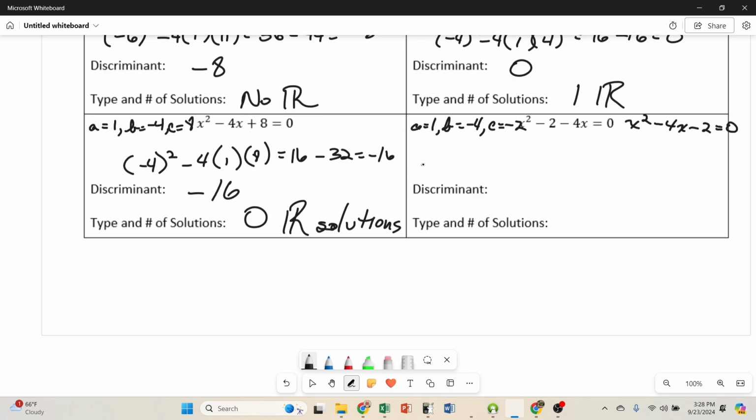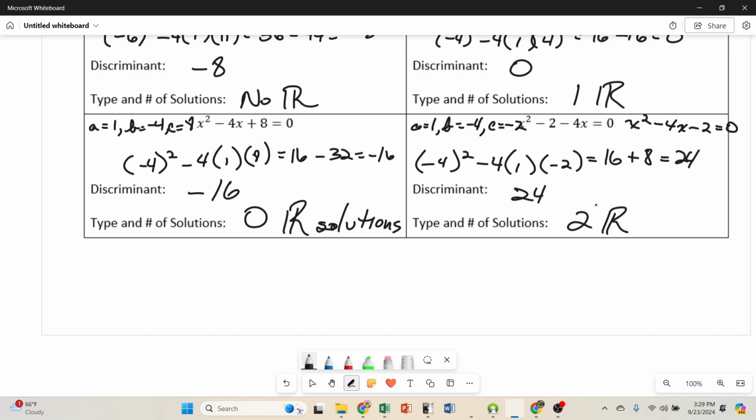So -4 squared minus 4 times a, which is 1, times c, which is -2. And I get 16. -4 times 1 is -4, -4 times -2 is +8. That is 24. The discriminant's 24. You have 2 real number solutions.